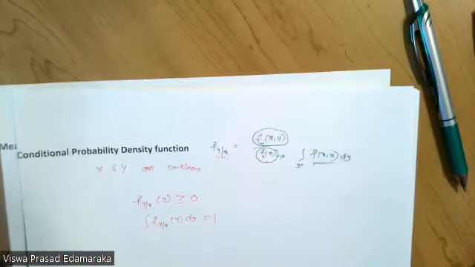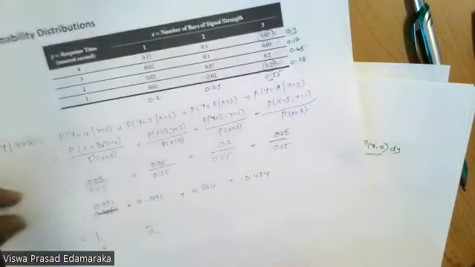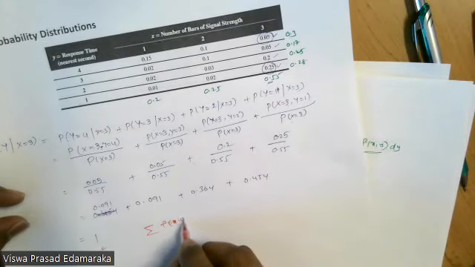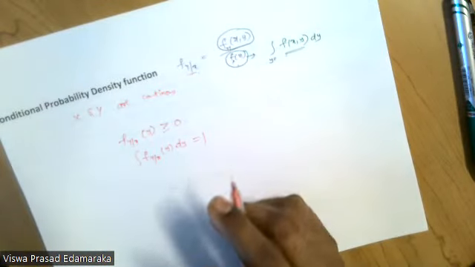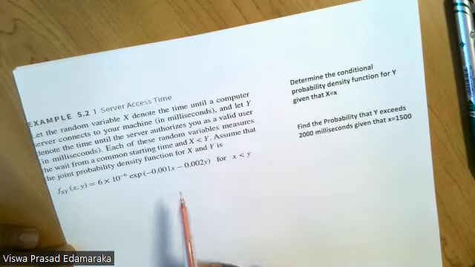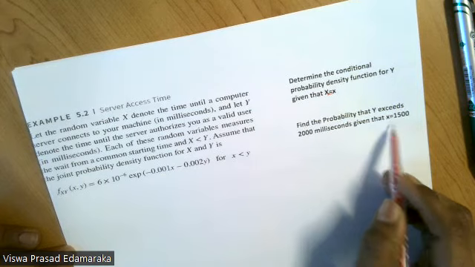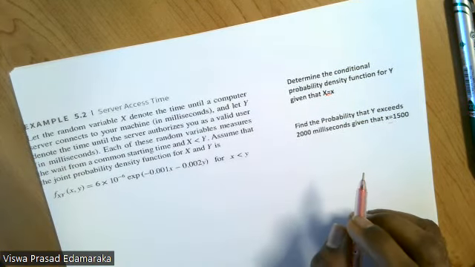Like before also we got 1 because summation of f of y given x equals 1. Here the integration of f of y with respect to y is equal to 1. We'll calculate, determine the conditional probability density function for y given that x equals x, and find the probability given that x equals 1500.